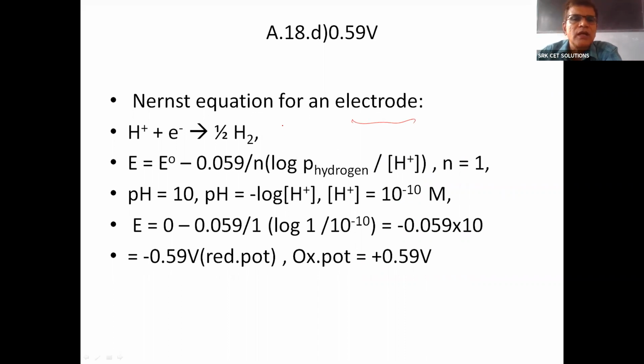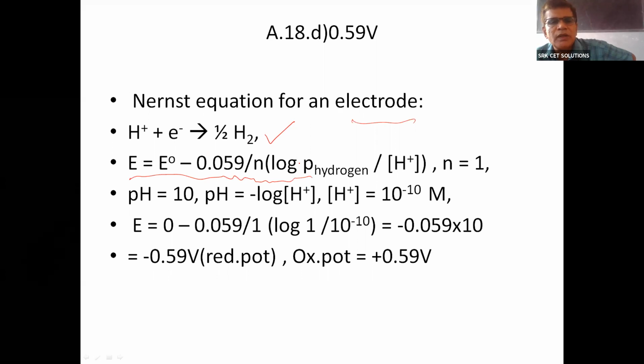The electrode reaction is H plus getting reduced. Next, the Nernst equation is this. The potential E is E naught, the standard potential, minus 0.059 by n, logarithm of pressure of hydrogen by concentration of H plus.